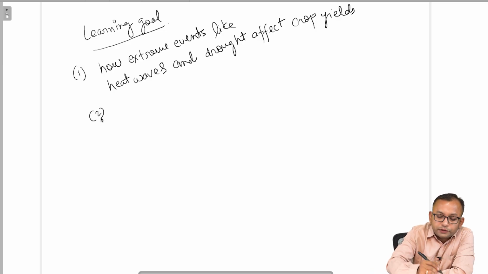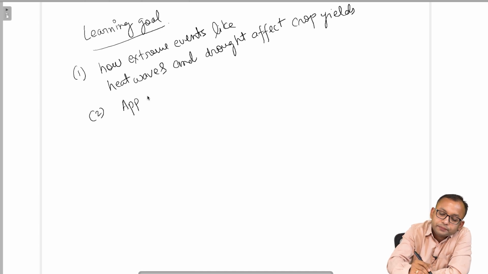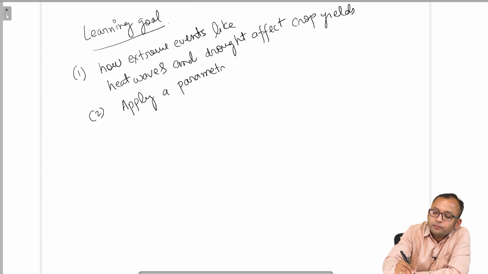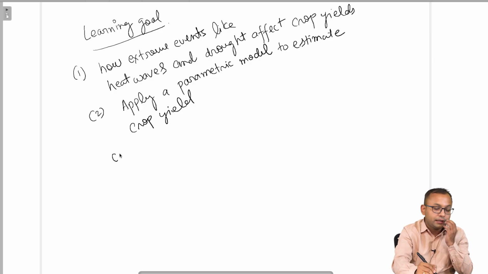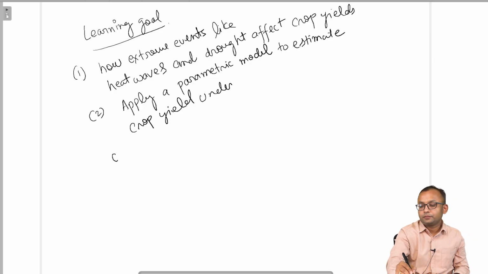The second objective of this tutorial is we will apply a parametric model, a very simple parametric model, to estimate crop yield under, let us say, extreme climate conditions.